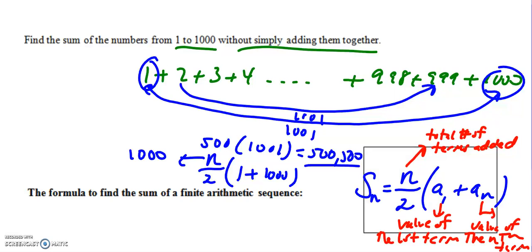And something to point out is that a sub 1, the first term, does not always mean n equals 1. That could represent any first term in the sum, which we will get to. And this idea of what Gauss had helps us do it much more quickly.